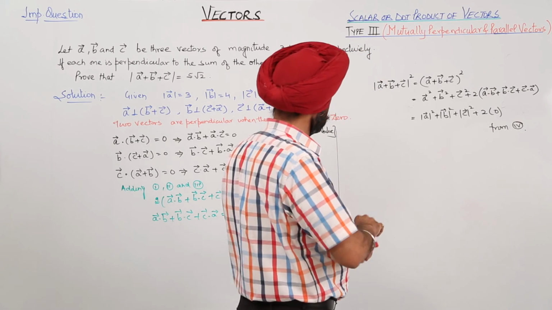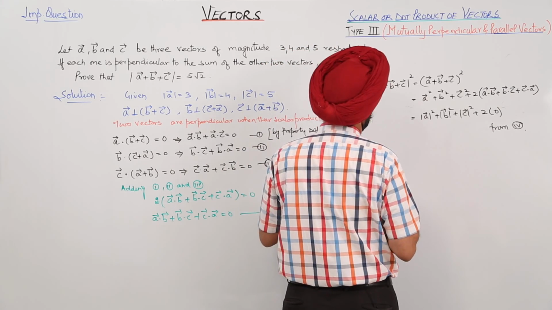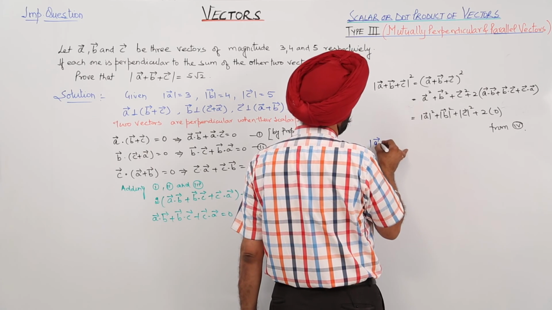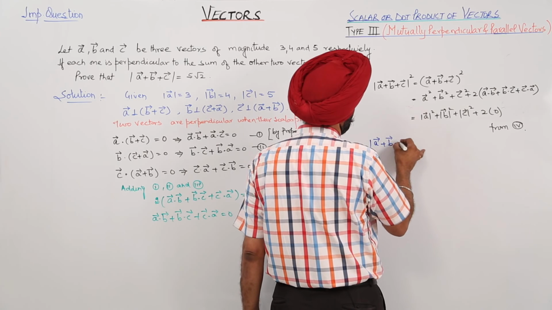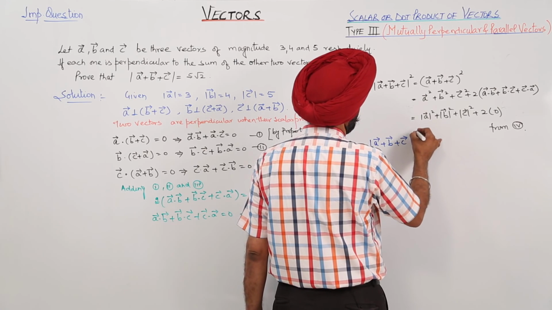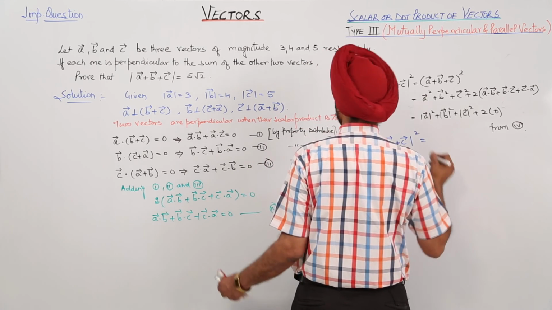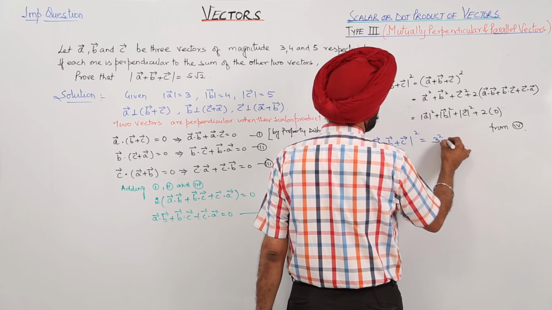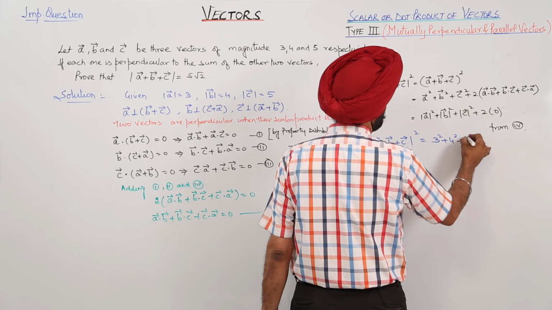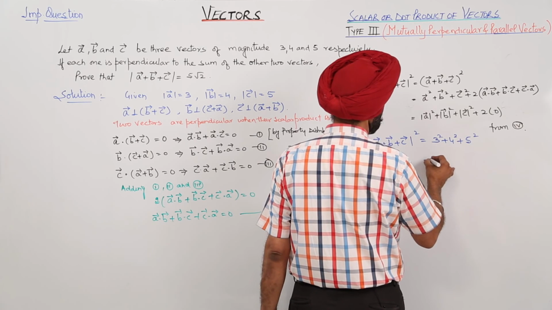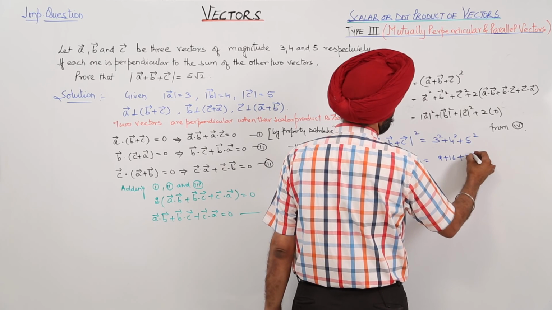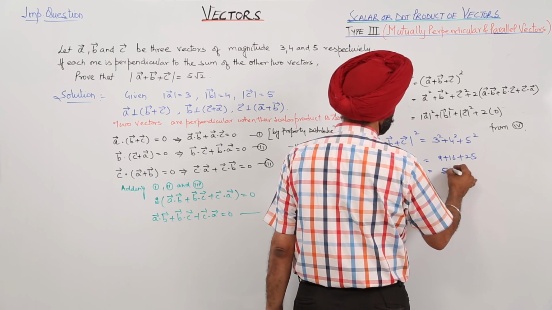Now the magnitude of vector A is given 3, so we are having 3 square plus 4 square plus 5 square. Now this becomes 9 plus 16 plus 25 is equal to 50.